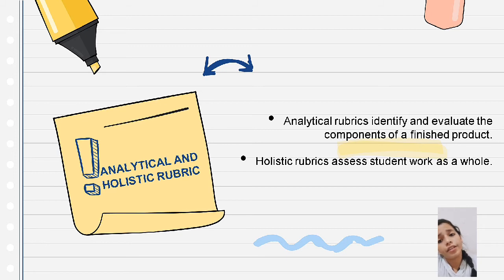Unlike analytic rubrics, which are two-dimensional rubrics with achievement levels as columns and evaluation criteria as rows, it allows evaluating the achievement of the participants based on multiple criteria using a single rubric.